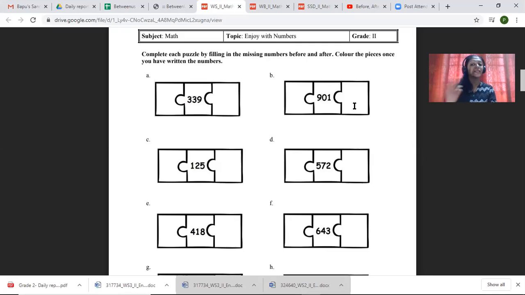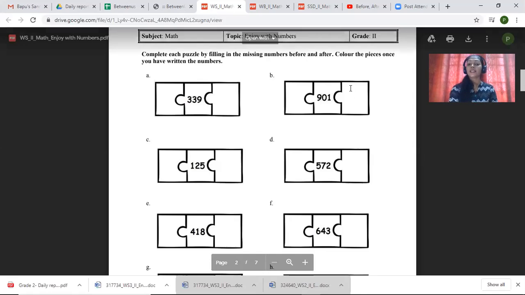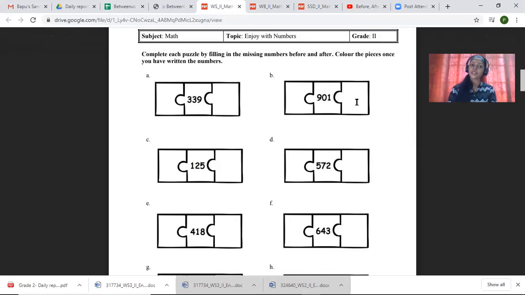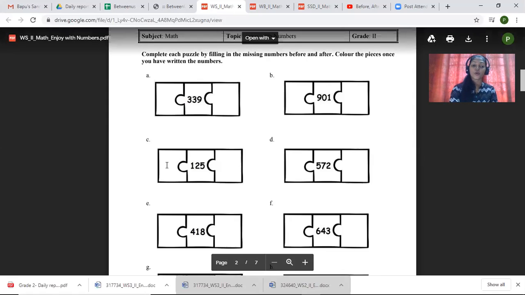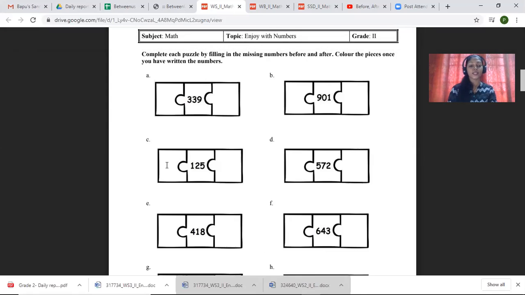Very good. Now this is easy. What is after 901? 902. All right. So the number here is 900 and the number here is 902. If you have written the correct answer, put a tick mark.